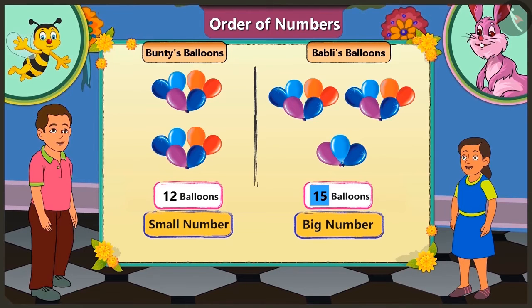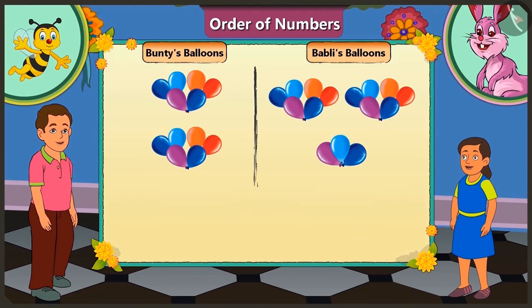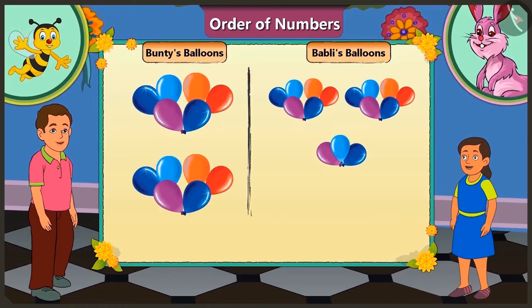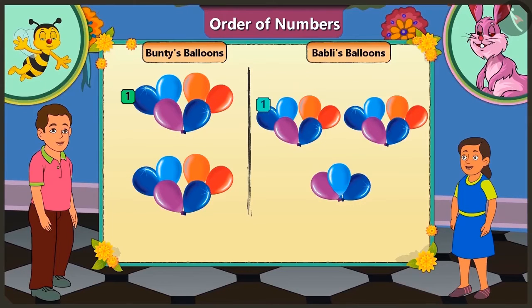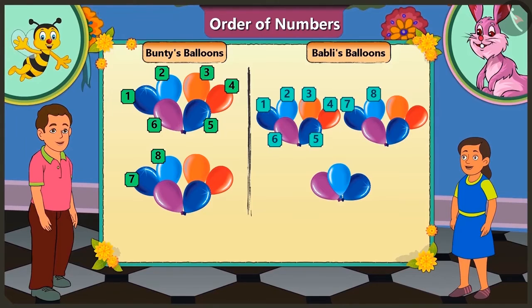Now tell me, how many more balloons does Bubbly have? Here is 1 balloon of Bunty's, here 1 of Bubbly's. 2 balloons of Bunty and 2 balloons of Bubbly. Similarly, both of them have 3, 4, 5, 6, 7, 8, 9, 10, 11, 12.